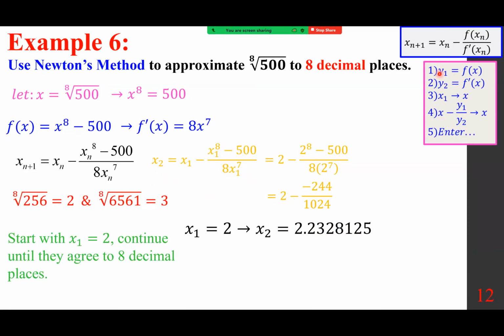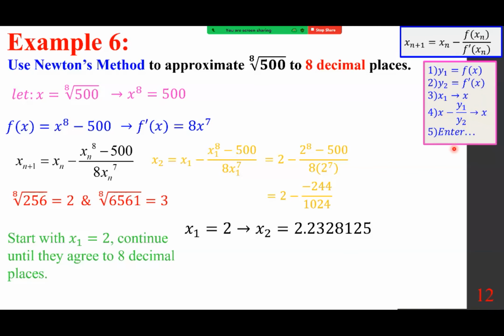Again, y1 is f of x. So in y1, you put this function x to the power of 8 minus 500. In y2, you put f prime of x, or 8x to the power of 7. Then you store x sub 1 in x. We decided to go with 2. So you store 2 in x, and then x minus y1 over y2 stored in x. Repeatedly enter, you have the answer.